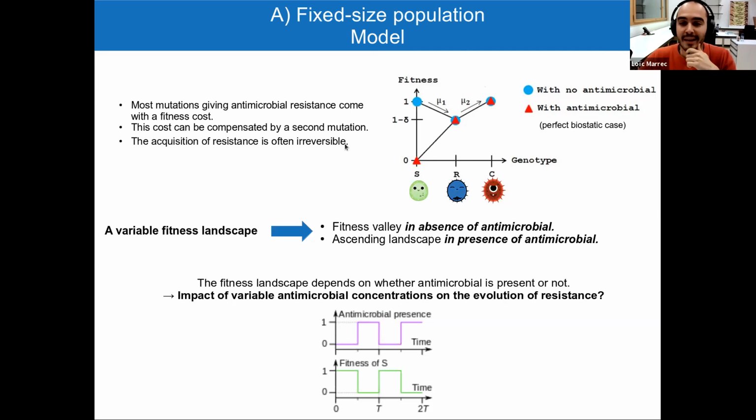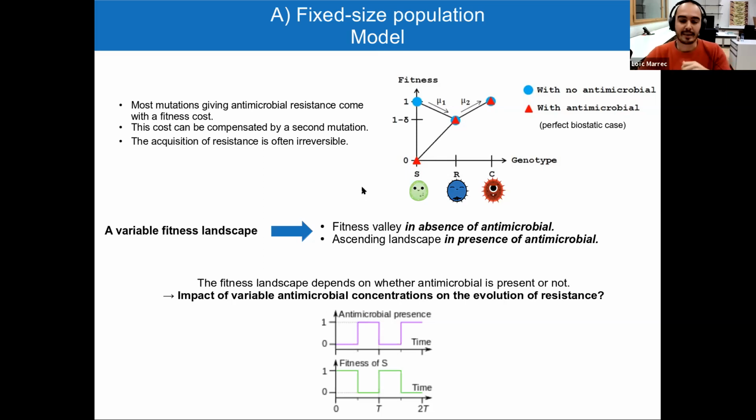Okay, and so as you can see, this fitness landscape is variable. So in absence of antimicrobial, you have a fitness valley, and with... no, it's the opposite, sorry. Without antimicrobial, yes, you have a fitness valley, and with antimicrobial, you have an ascending landscape.